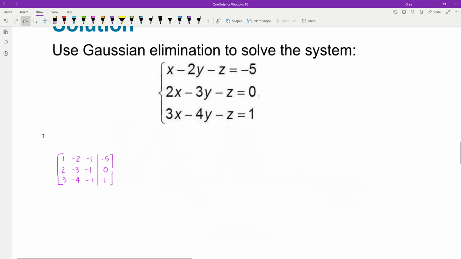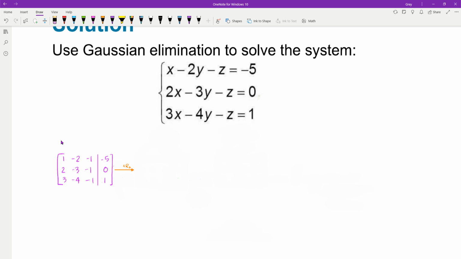I'm using this 1 right here, so I'm going to multiply this row by the opposite of that. I'm going to multiply it by -2 and then add it. Remember, whatever row I'm replacing goes second.